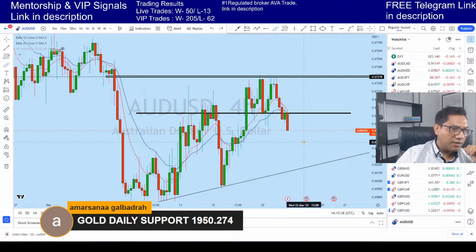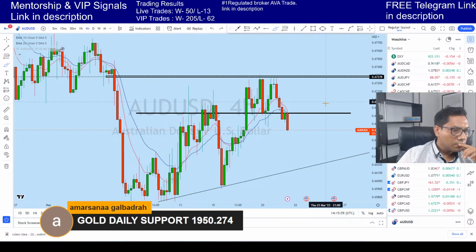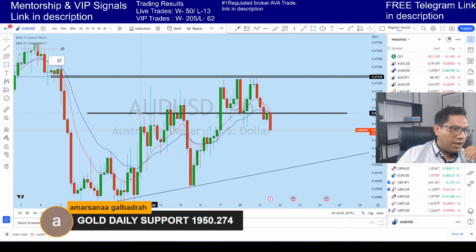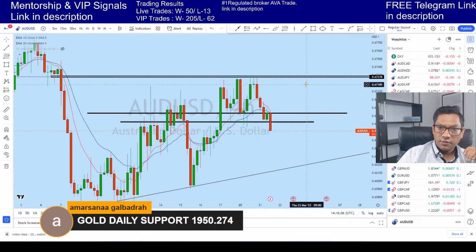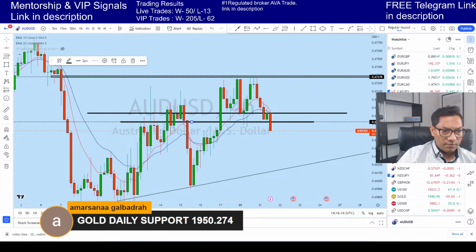Again, a breakdown means that it is preparing for a bigger move. So let's see how it goes. Now this is the neckline. Again, it is a very important level here. Crucial level.